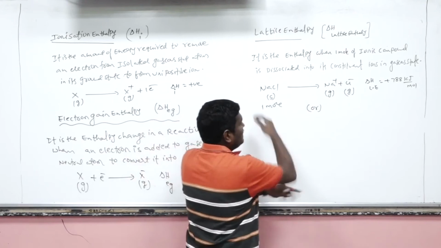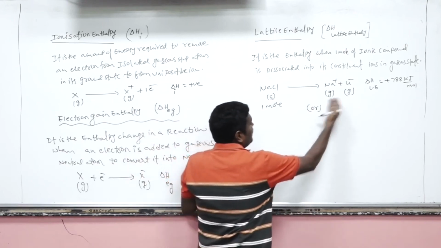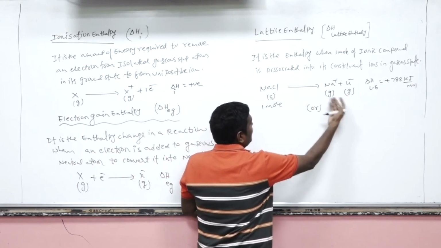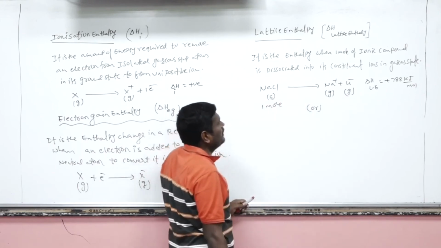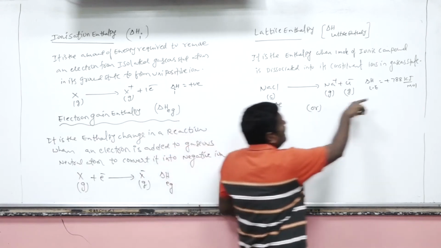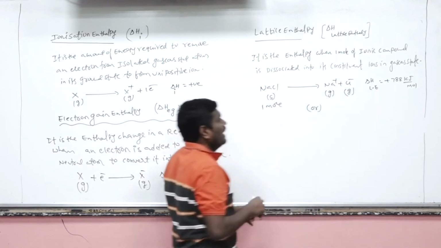Now, we can also write the lattice enthalpy definition in the reverse direction. In the reverse equation, oppositely charged 1 mole Na plus and 1 mole Cl minus combine to give 1 mole of ionic compound NaCl. The forward reaction is endothermic, so the backward reaction must be exothermic.